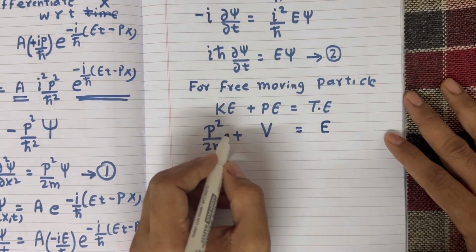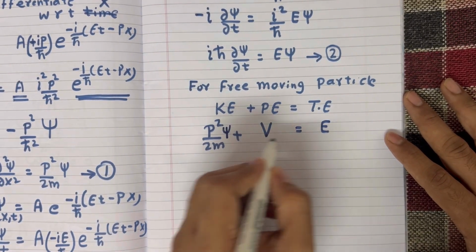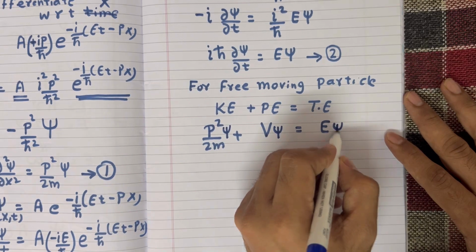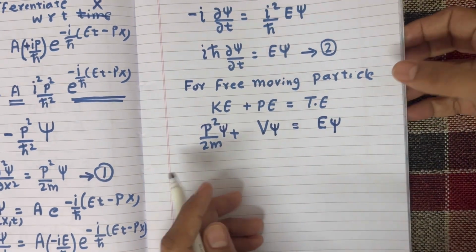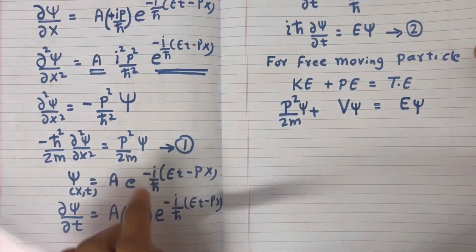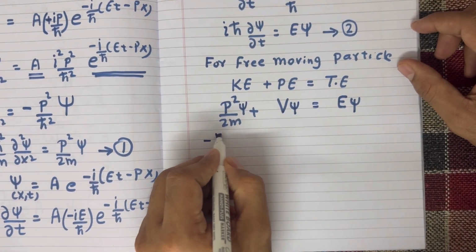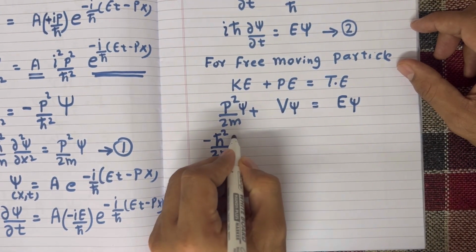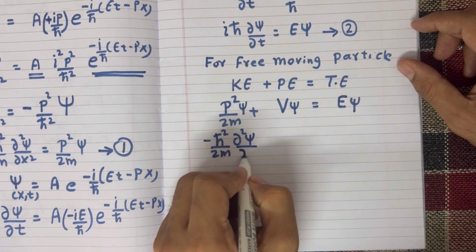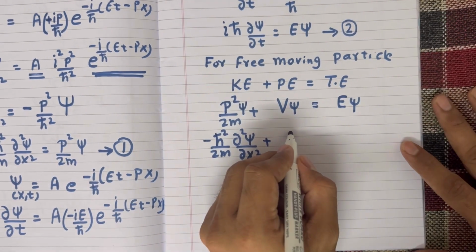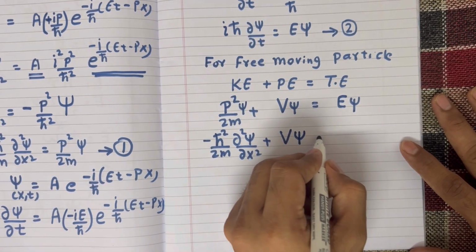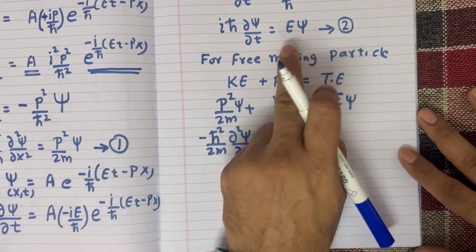Now, if I multiply both sides by the wave function psi, the value of p square by 2m psi we have already found here. That is minus h cross square by 2m del square psi by del x square, plus V psi equals E psi. The value of E psi we have found here.